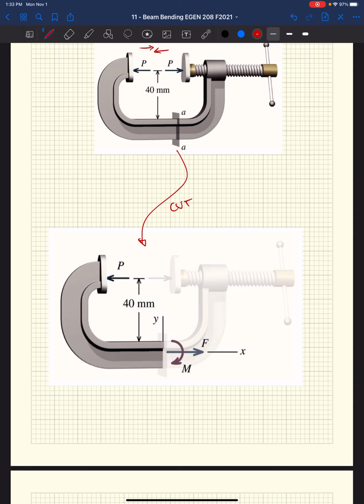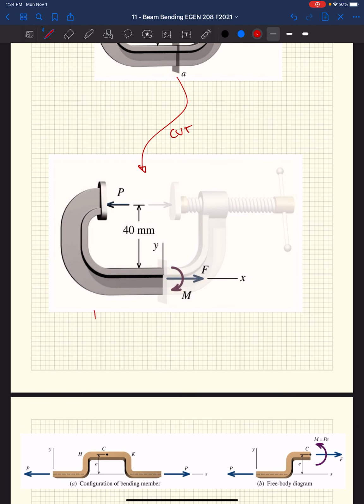We would end up with some internal forces, right? This is a free body diagram. And these internal forces would essentially become both an axial load and a moment. Okay? We summed moments about that cut. We would have to have a resisting moment that resists this force that's headed way out here, right? Which has this moment arm, 40 millimeters.